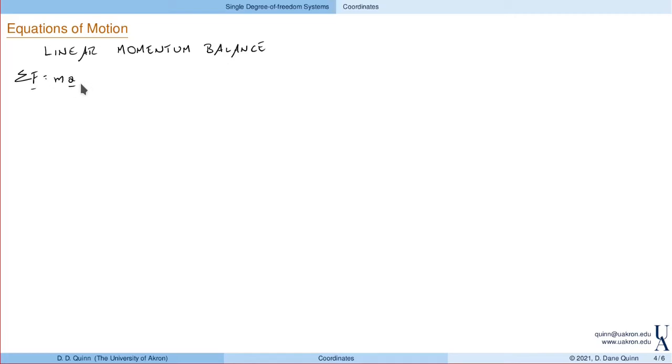Because we've done all the work ahead of time, at this point all we're doing is writing down stuff that we've already defined. I think that's one of the nice things about this way of working through modeling: all of the work is done in the kinematics and free body diagram step. Now, for equations of motion, we're just taking all that and putting it in the right spot, right?